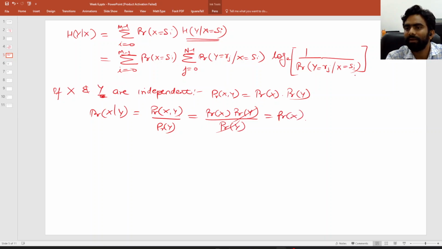Now, since these are independent, this will be used in this formula.